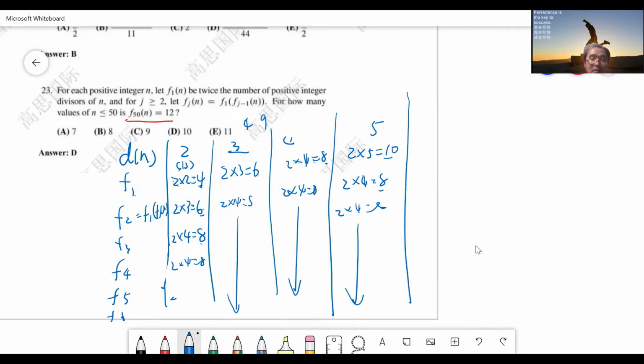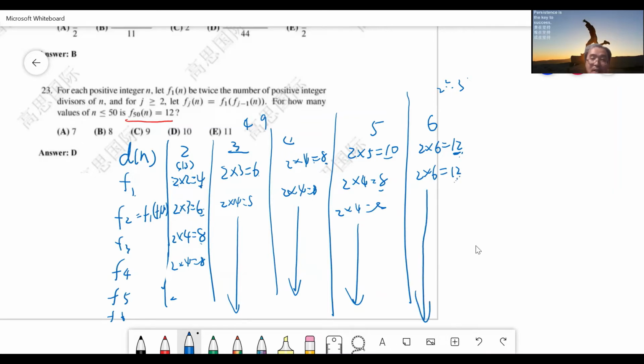So let's see what about 6 factors. So 6 factors, then 2 times 6 equal to 12, and 12 equal to 2 squared times 3. So this has 3 times 2, which is 6 factors. So the next level, F2 is going to be 2 times 6 equal to 12 again, right? 12 is going to have 12 factors.